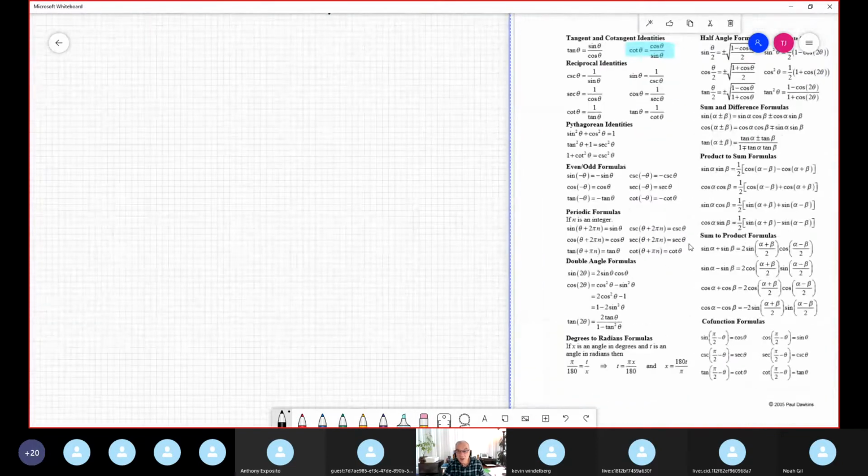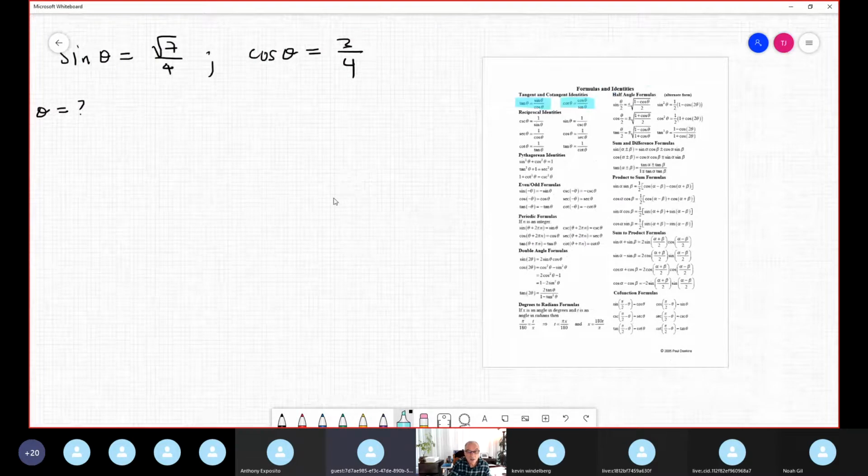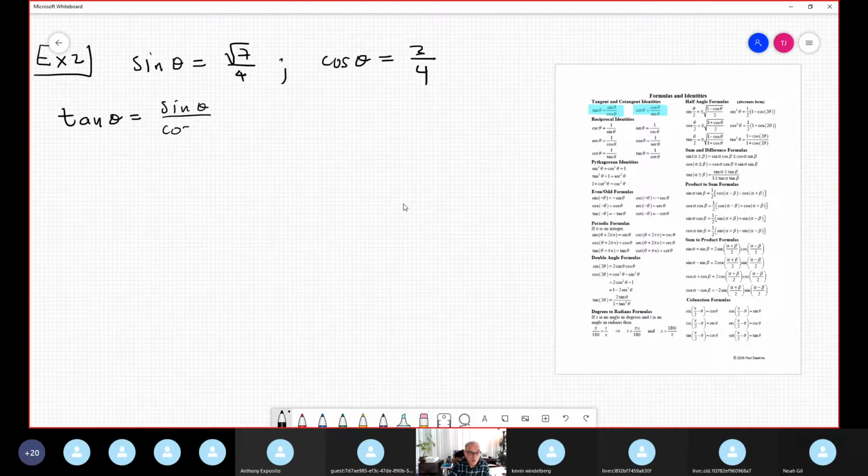This one, I suppose, no? Look. Right? Yes, it is, Professor. Ajá. Entonces, tangent theta es igual sine theta divided by cosine theta.